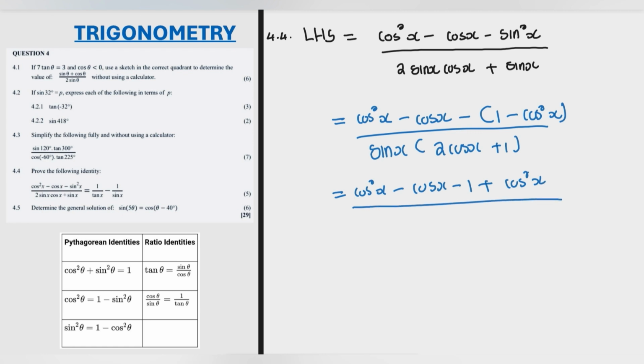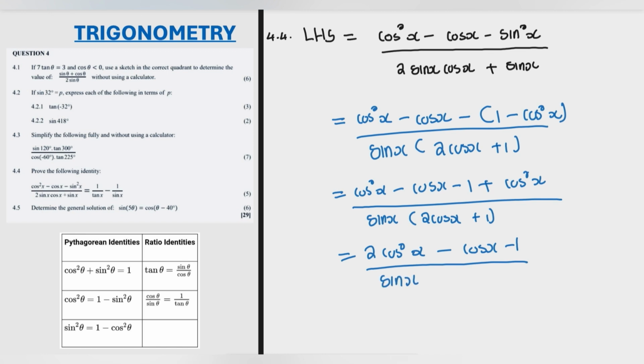Right, let's add your cos square and cos square. Those are like terms, so they're going to be 2 cos square x minus cos x minus 1, all divided by sine x, 2 cos x plus 1.